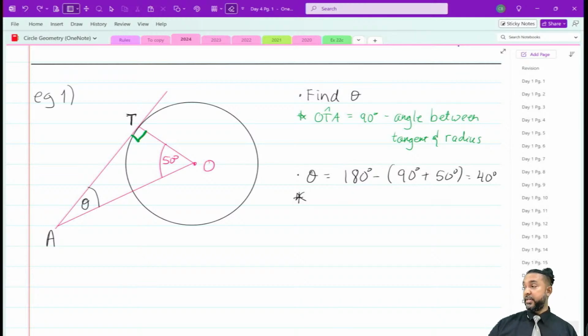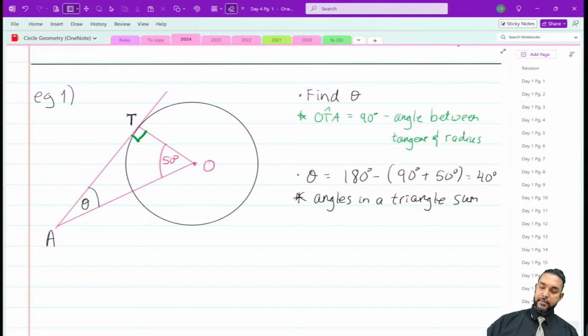The reason we have 180 minus those two is because angles in a triangle sum to 180 degrees.